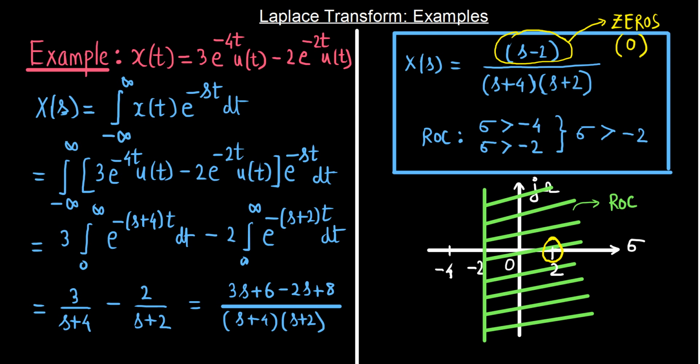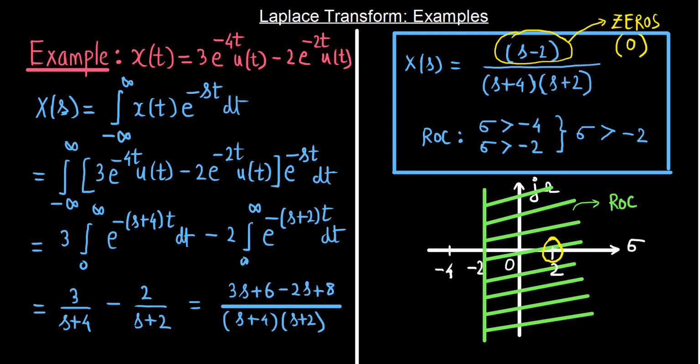If I put either of these values in the denominator, let's say s equals -4, this expression shoots to infinity. Or if I substitute s as -2, again this X of s shoots to infinity. Therefore, the value of s for which this expression shoots to infinity is called a pole.